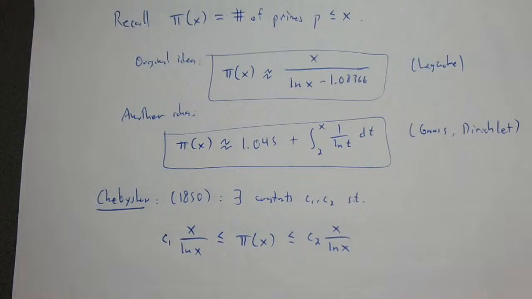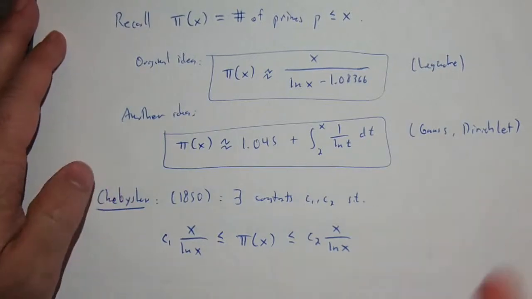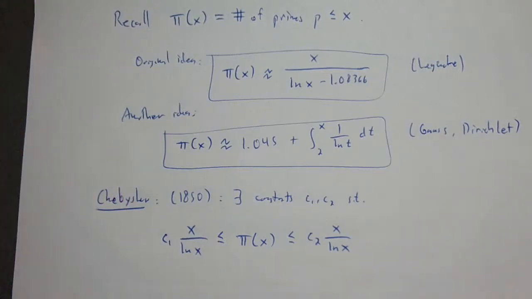Okay, so a version of this with specific choices here is called Chebyshev's theorem, which is proved in the textbook, and it is an easier statement than the prime number theorem. The prime number theorem is very hard to prove. Okay.